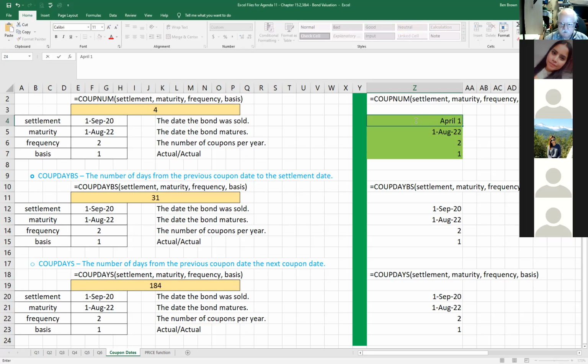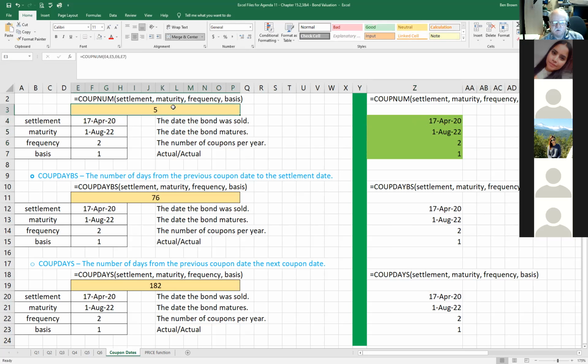April 17, 2020. So once we put those two dates in, we see the number of coupons left is 5 coupons. But down here, we're calculating something called Coup Day BS.